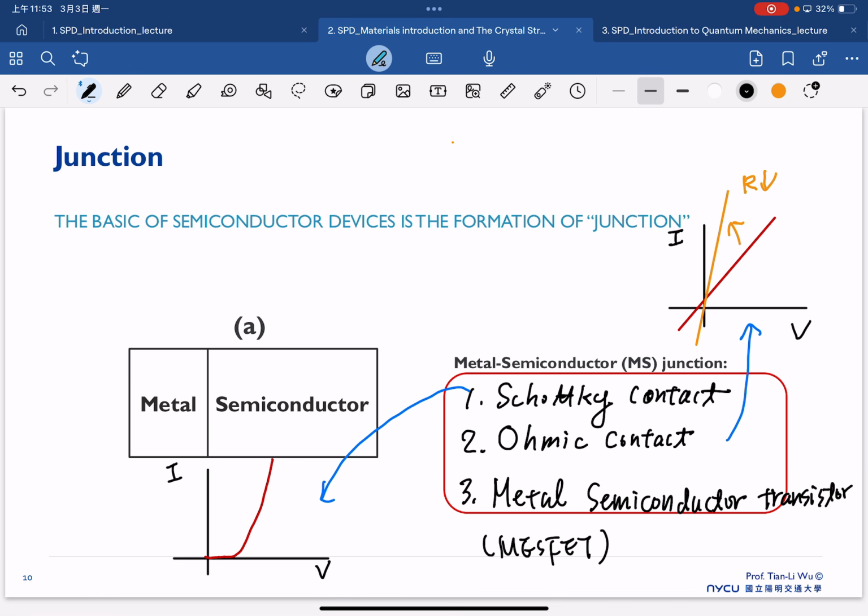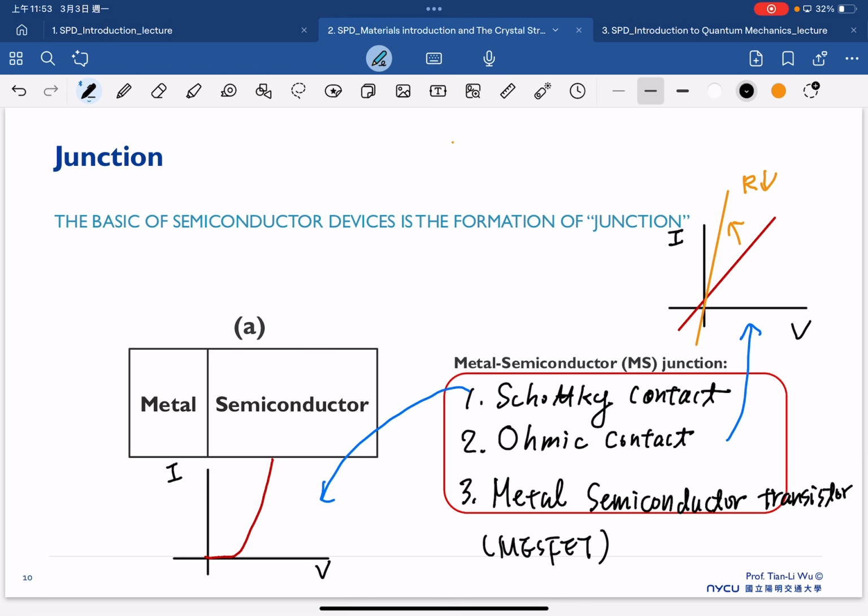But just to let you know that there's one kind of transistor where we don't even need a dielectric. We just put the metal on top of semiconductor and put the source and drain. You can still operate it as a transistor. But here, we won't talk in detail, just for your reference.